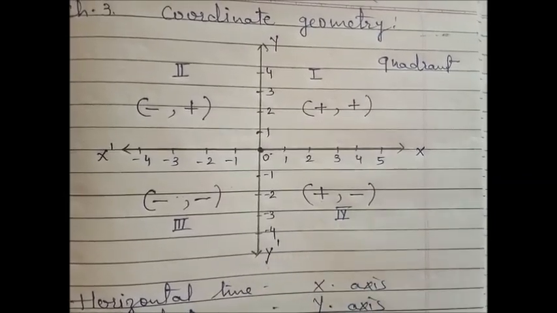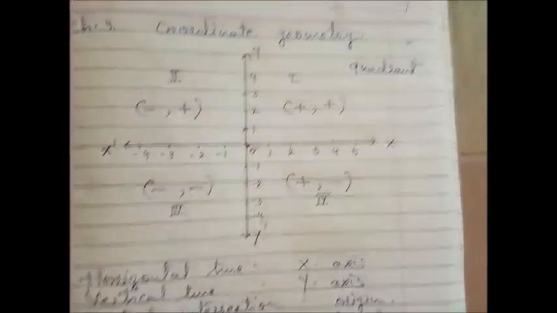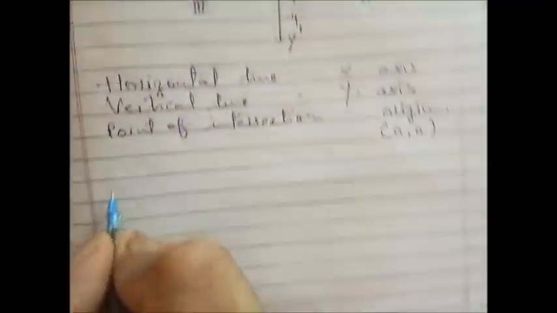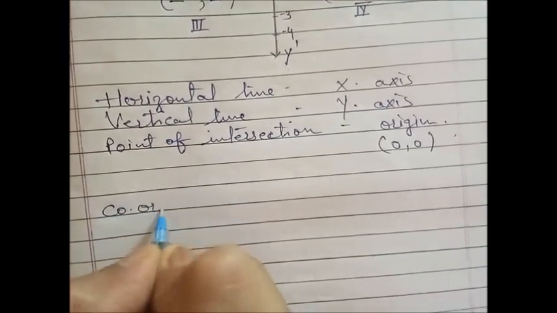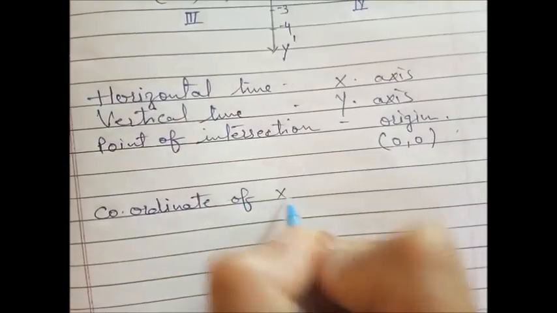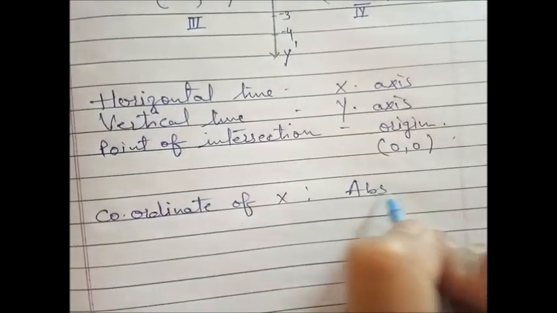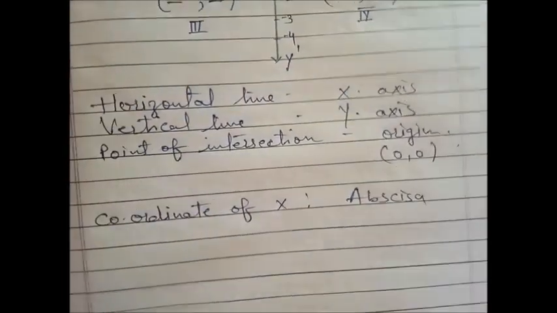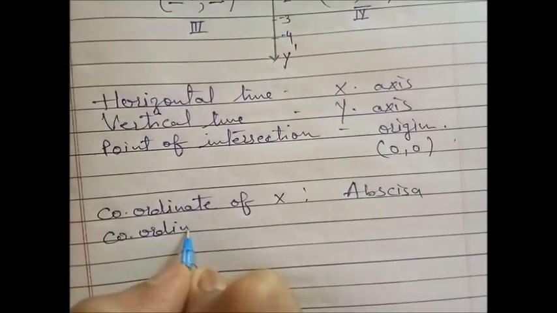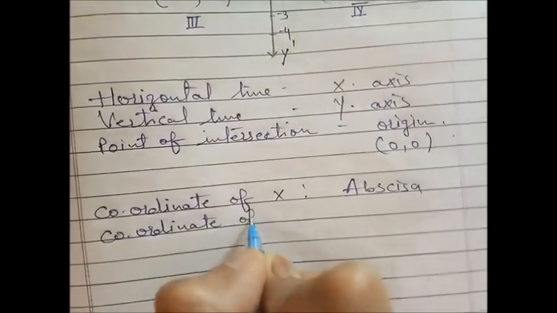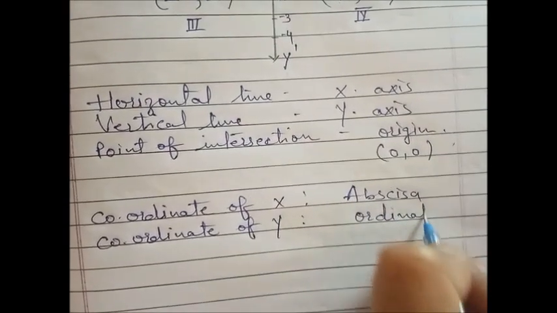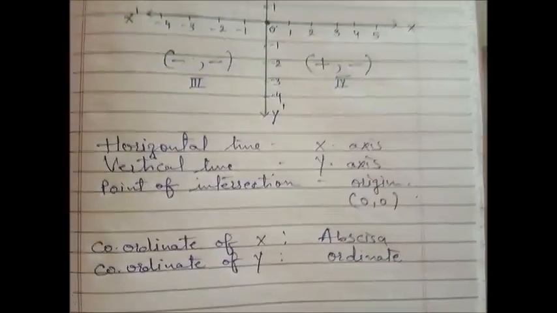Now the coordinate of x is also known as abscissa, so you can write: coordinate of x is known as abscissa, right? And coordinate of y is known as ordinate, right?